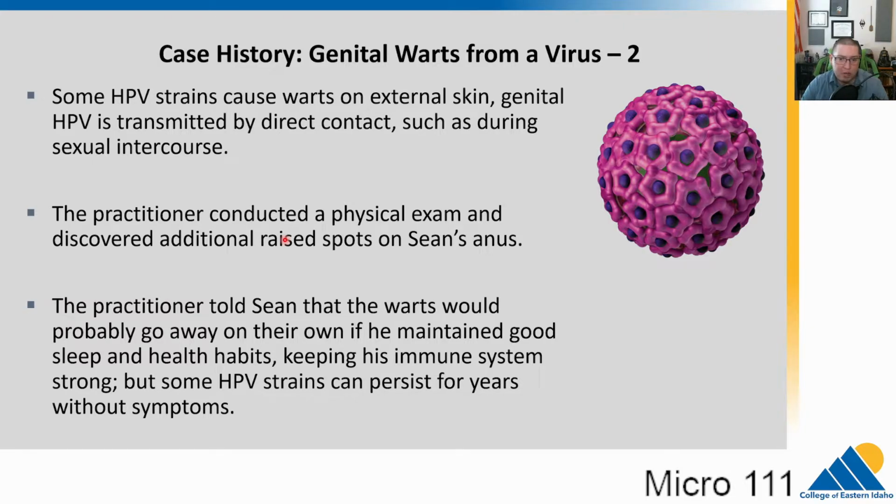The practitioner tells him that the warts probably will go away on their own if he maintains healthy sleep and eating habits. His immune system will rid him of these. But some HPV strains can persist for years without symptoms and still be able to be transmitted.